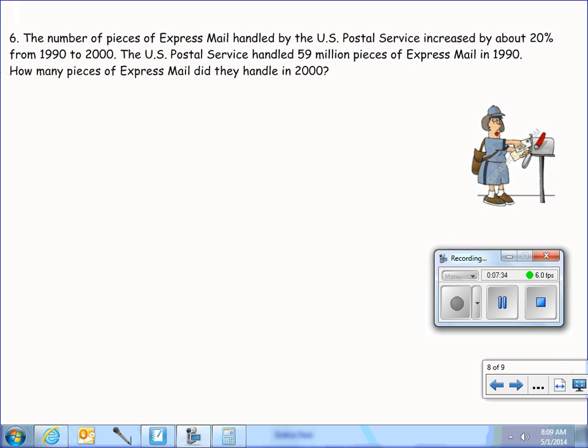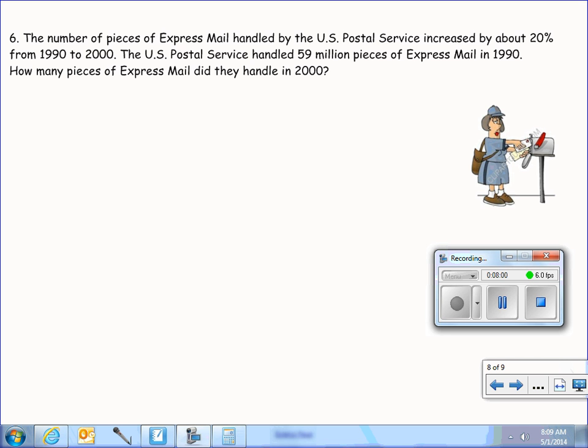How many pieces of express mail did they handle in 2000? So let's look at what we know here. We know that they handled 59 million pieces in 1990. We also know that it increased by 20%. How many pieces of express mail did they handle in the year 2000?